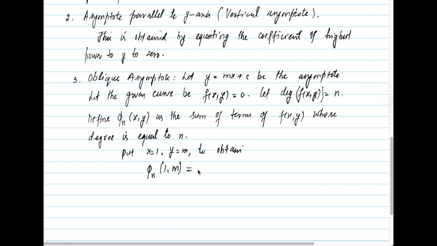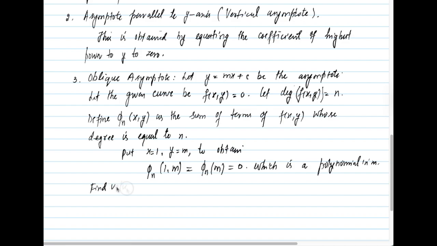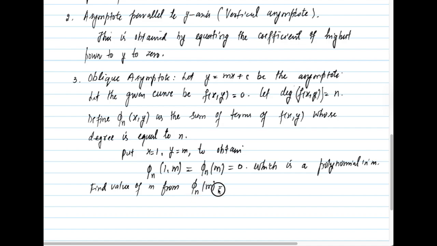Now 1 is just a constant, so this gives us an expression phi n of m equal to 0. So we get a new equation, a polynomial in m of degree n, phi n of m equal to 0.